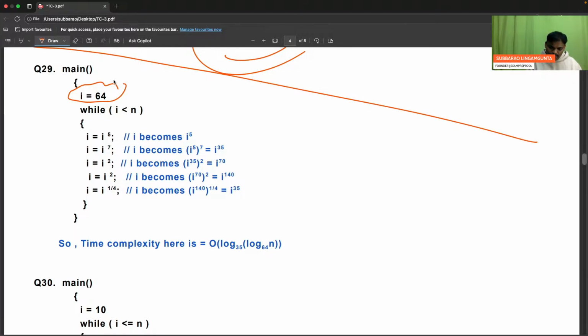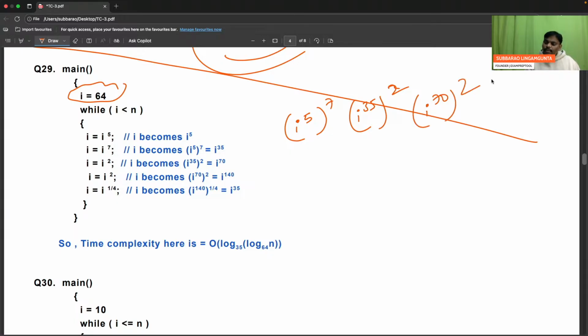So let's check. First I power 5, okay. Next, whatever you have, whole power 7. It became I power 35. Whatever you have, whole square. It became I power 70. Whatever you have, whole square.